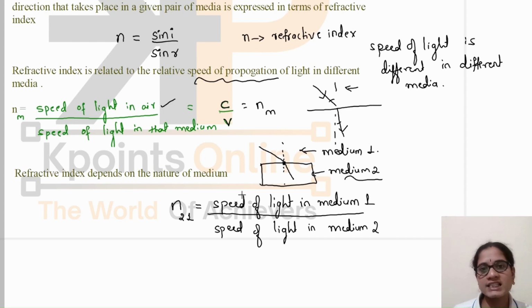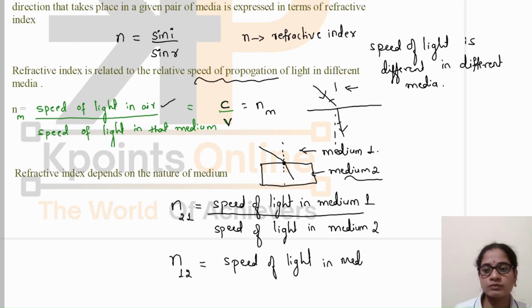In the same way, the refractive index of medium 1 with respect to 2 is equal to the speed of light in medium 2 divided by the speed of light in medium 1.